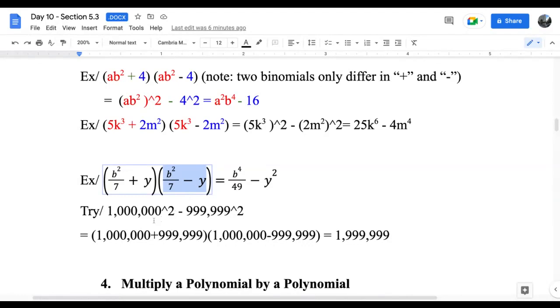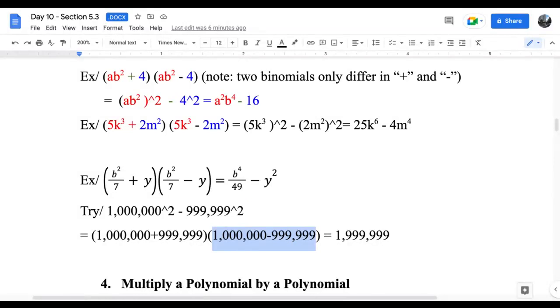Okay, difference of two squares is a very useful property. If you do 1 million squared, subtract 999,999 squared, you can break it into plus-minus conjugates, right? You do 1 million plus 999,999, and 1 million minus 999,999.